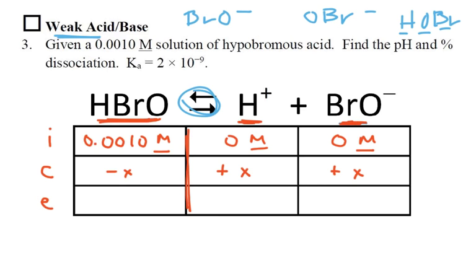So at equilibrium, we could expect this to be 0.0010 minus X, and 0 plus X, this would be X, and this would be X. So at equilibrium, these are our 3 values. Now, we need a clue on how much this breaks up, what's the value of X, and that clue is given by the Ka.